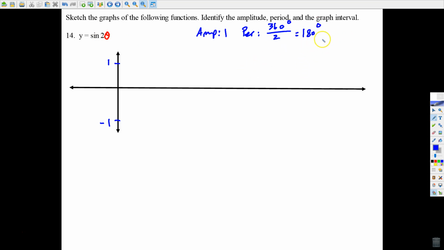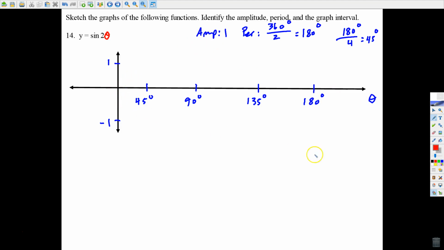So our pattern should repeat every 180 degrees. And for our graph interval, the units on our theta axis, we will do 180 degrees divided by 4, and that is 45 degrees. So these markings will be 45, 90, 135, and 180.